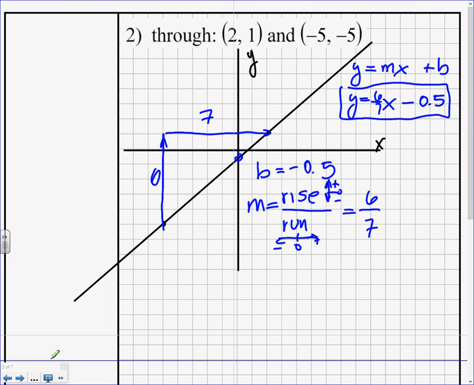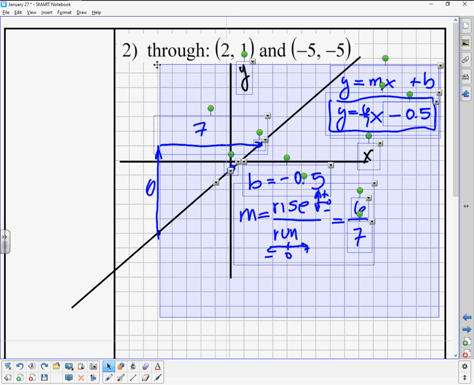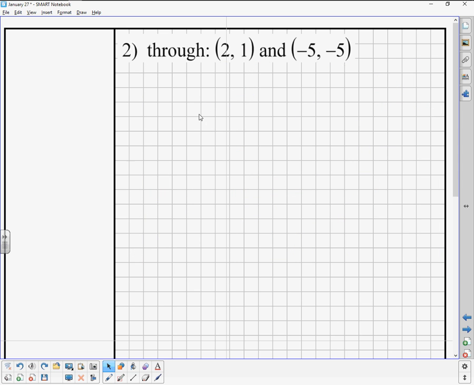This is problem number 2 on the homework. Like before, first you want to graph, plot the points. So this will be my x-axis, and this will be my y-axis.